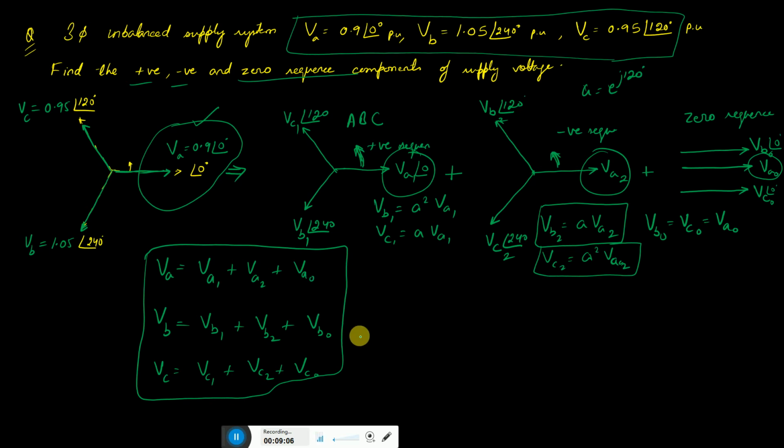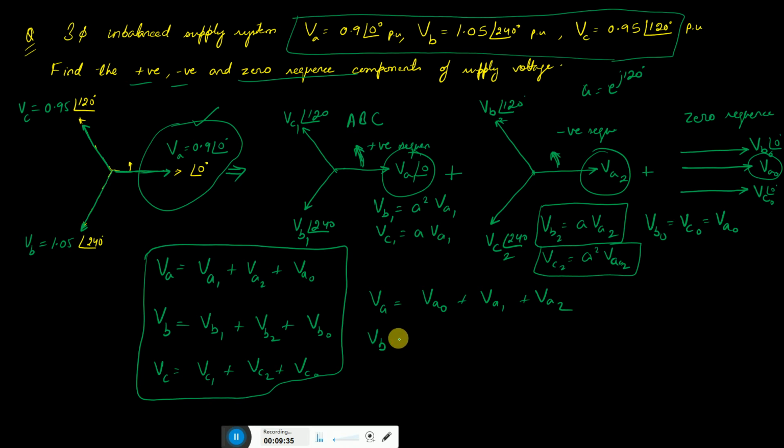If I substitute all those values, let me write here nicely. We can write VA is equal to VA0 plus VA1 plus VA2.